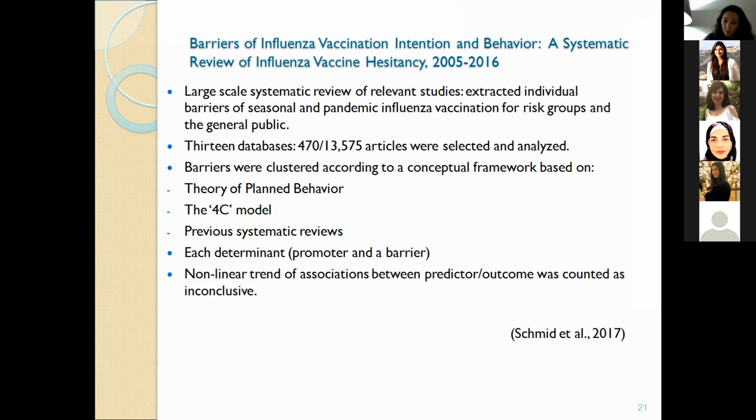Then I went to a systematic review. Actually, it's a large scale systematic review. They did a review of 470 articles on influenza vaccination out of 13,000 plus. These guys followed the theory of planned behavior, and they also followed the 4C model, and they drew on the work of 5 systematic reviews.